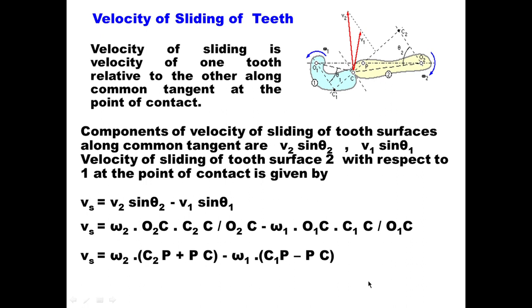Vs is equal to omega 2 into O2C into C2C by O2C, minus omega 1 into O1C into C1C by O1C. We will subtract the first part from the second.